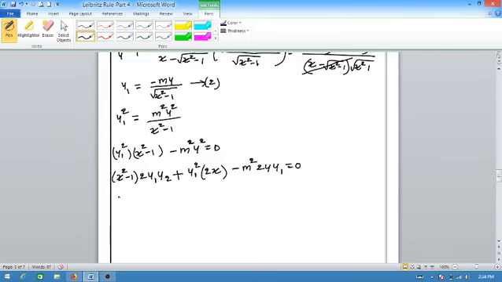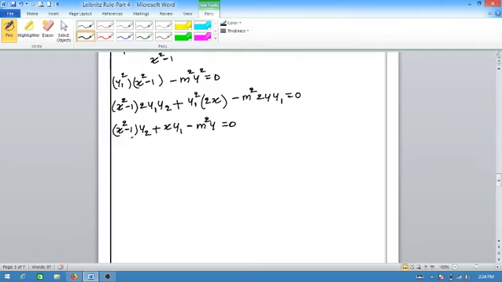So you will get x square minus 1 into y2, right, plus x into y1 minus m square y is equal to 0. So this is the equation, correct. So y1 and 2 also I have cancelled.